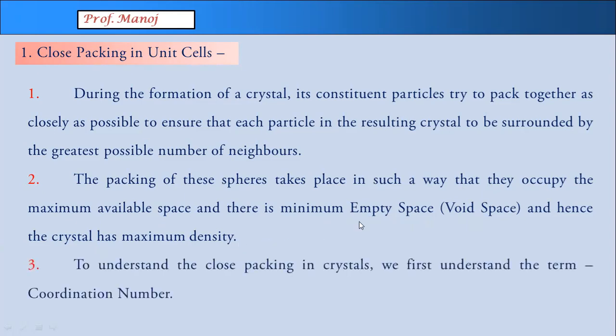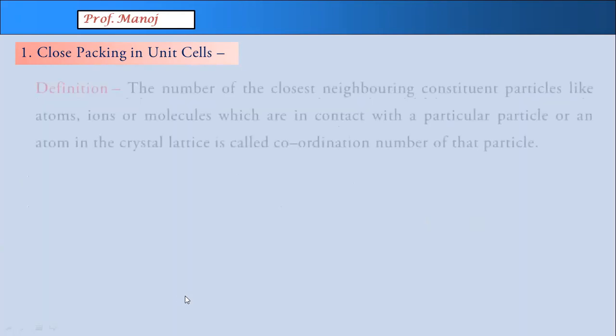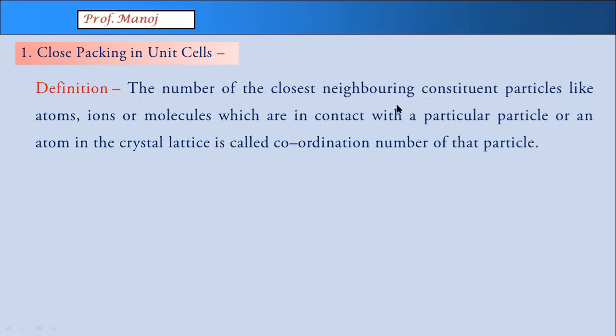Now, to understand how the atoms create this whole picture, we first need a term called coordination number. Coordination number is the number of closest neighbors in immediate contact with a given atom. For example, if you consider an atom, how many immediate neighbors are in touch with that atom?